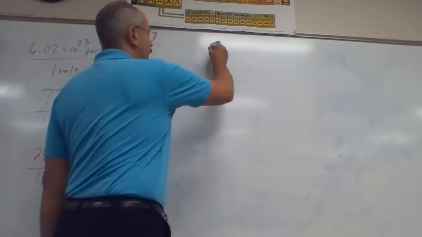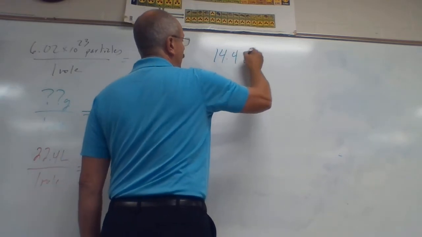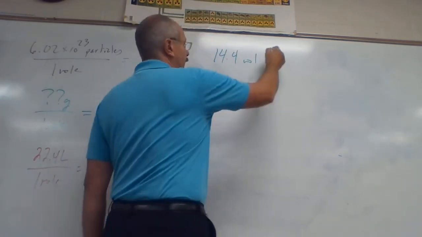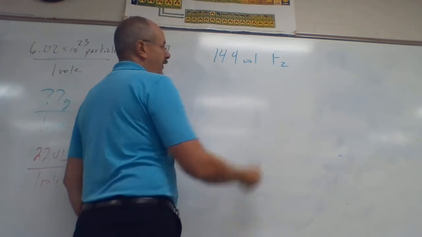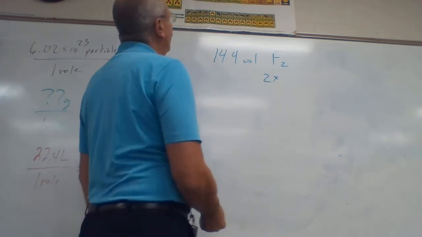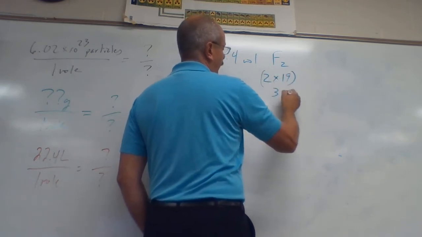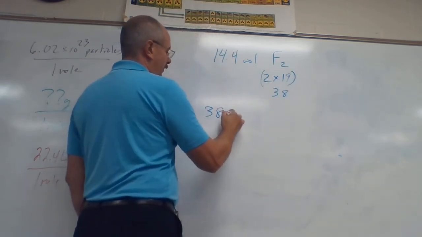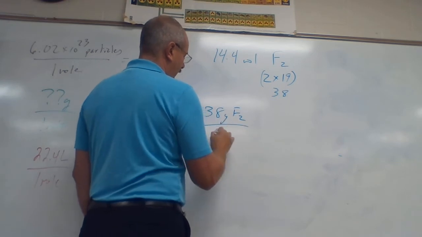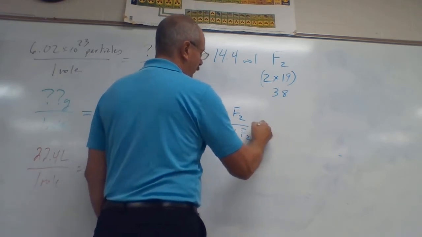Letter B, they gave me 14.4 moles of F2. So we got to find out the molar mass of this guy. 2 times the mass of fluorine, which is 19. So that's 38. So we've got 38 grams of fluorine if I had 1 mole of fluorine.